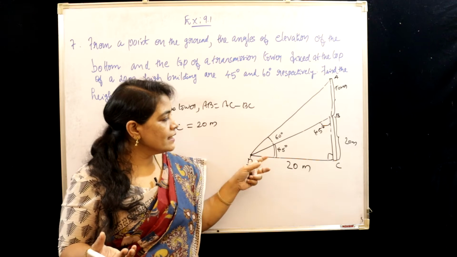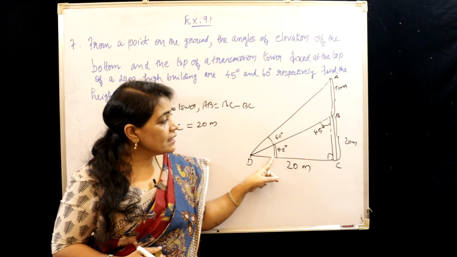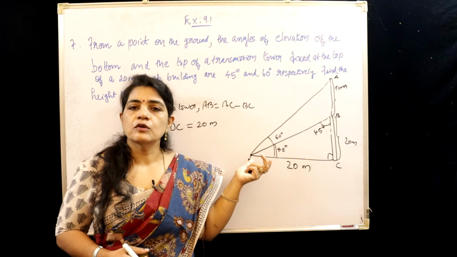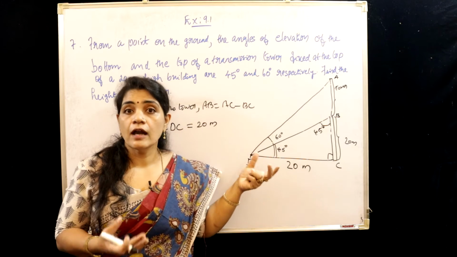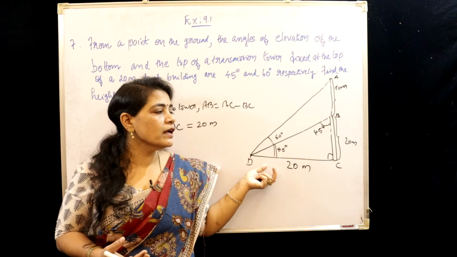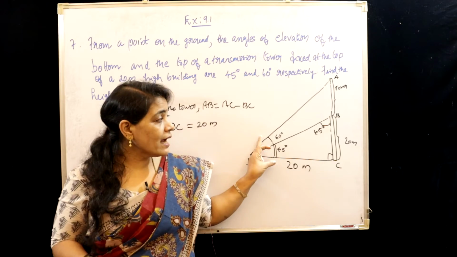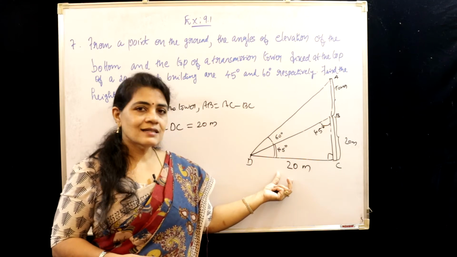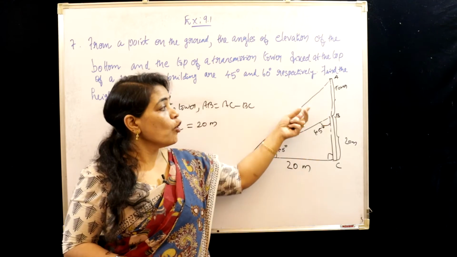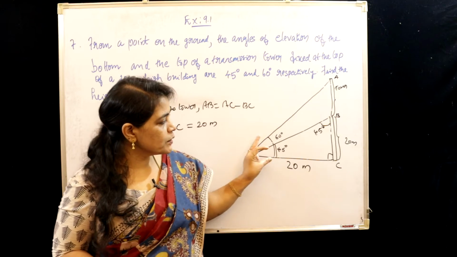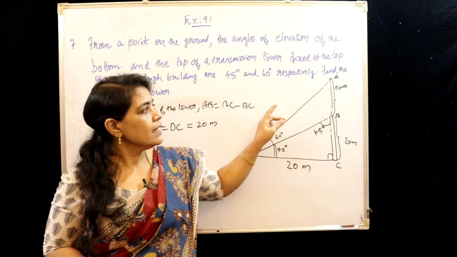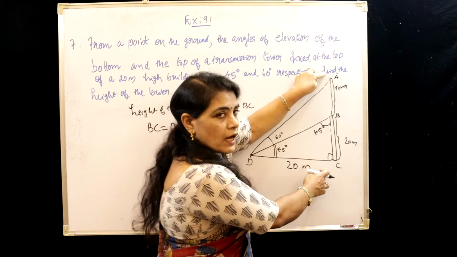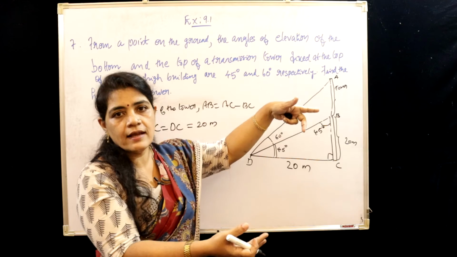And for that, see children, if you are taking tan 60, because we don't want the hypotenuse, there is no need to take any ratio which includes the hypotenuse. So here either you can take tan or cot. So tan 60 is equal to opposite side by adjacent side. The adjacent side is given, and the opposite side is AC with respect to this acute angle 60°. Its opposite side is AC, not BC, because we have considered the big right triangle ACD.